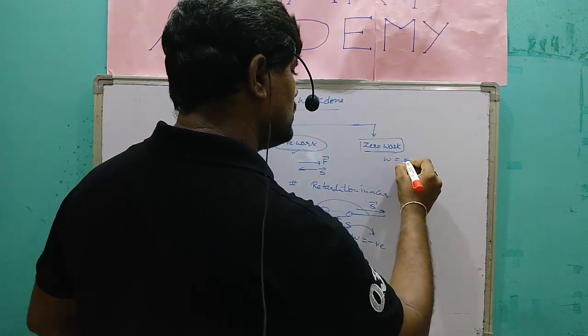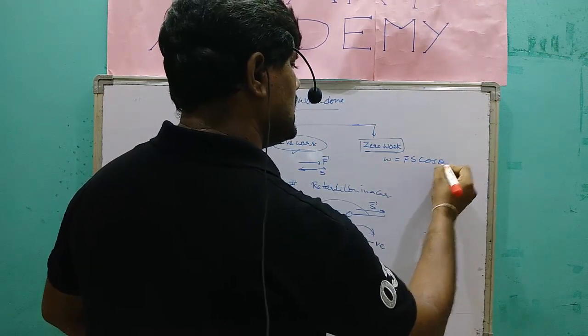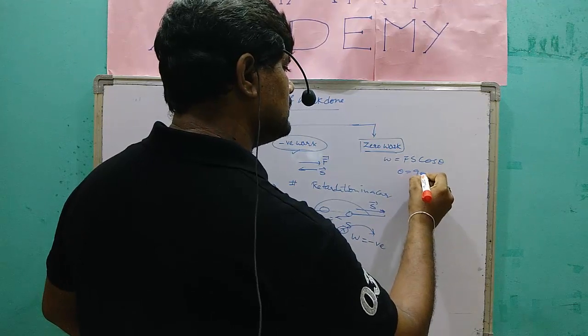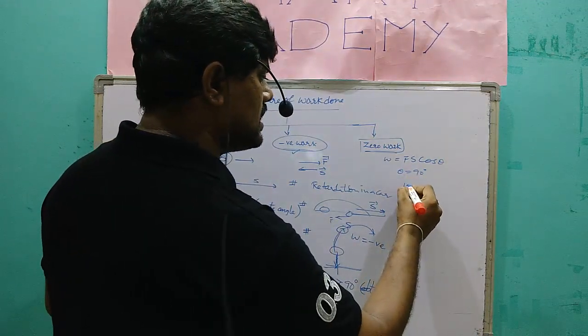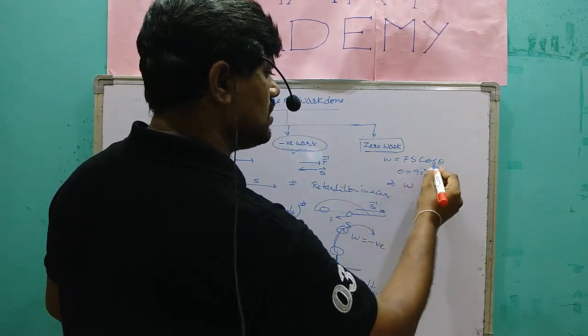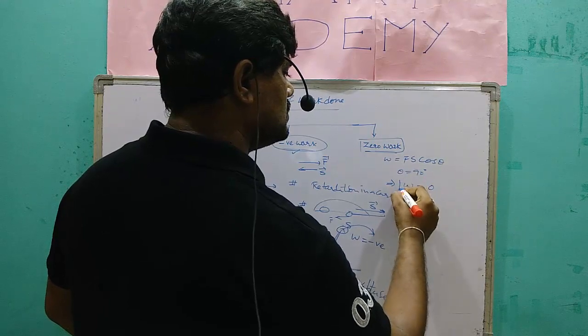Already we know the formula W = Fs cos theta. If theta is 90 degrees, then the work done becomes 0, since cos 90 is 0. That's why W equals 0.